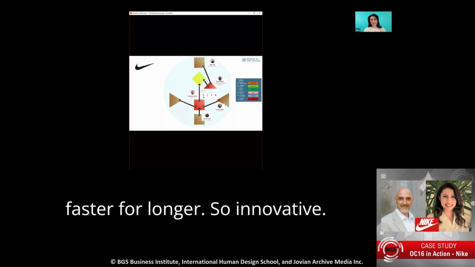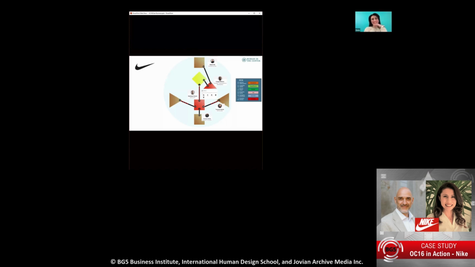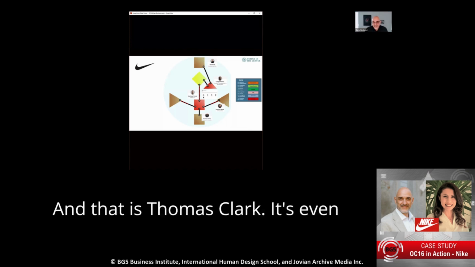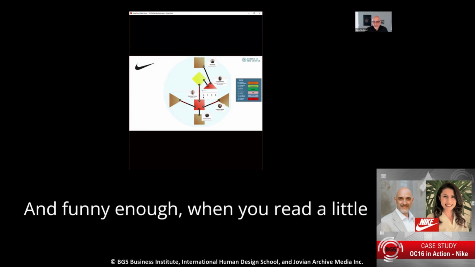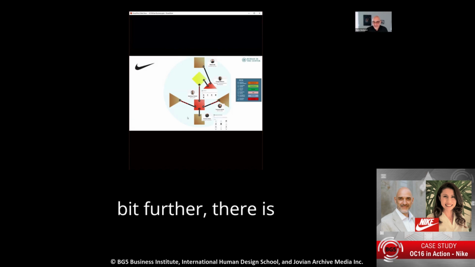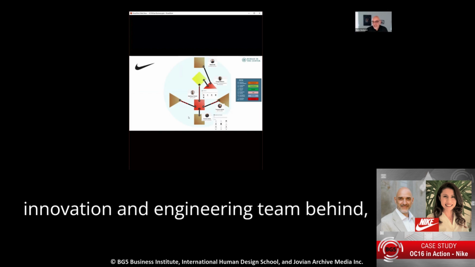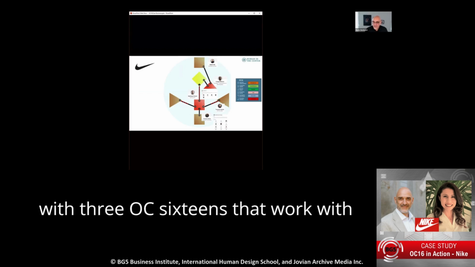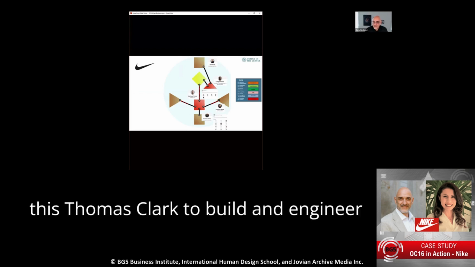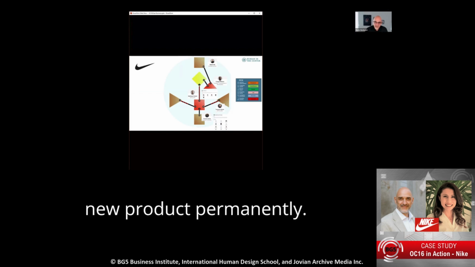So innovative. And that is Thomas Clark. It's even called President Innovation. And funny enough, when you read a little bit further, there is an innovation and engineering team behind, which is 45 people, with 3 OC16s that work with this Thomas Clark to build and engineer new product permanently.